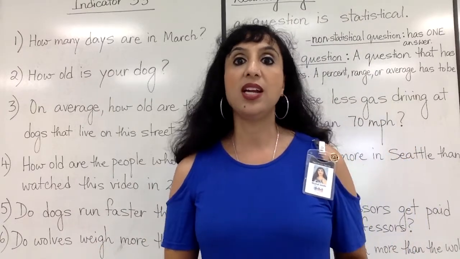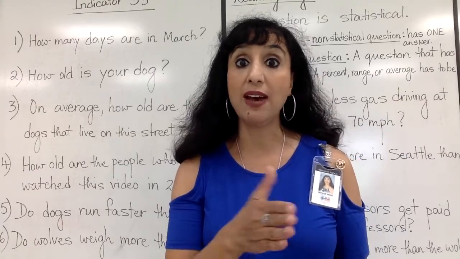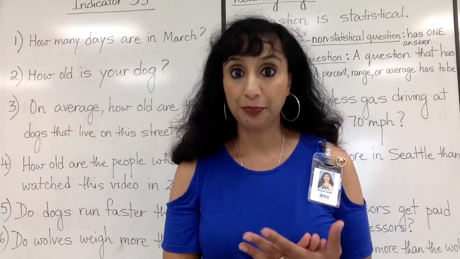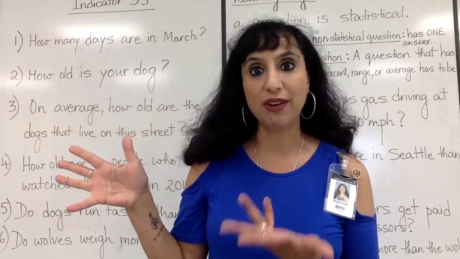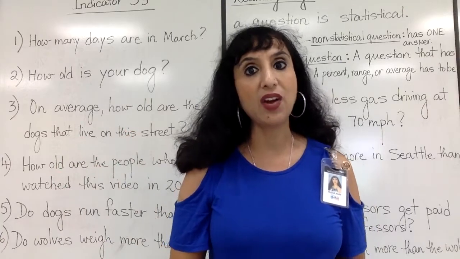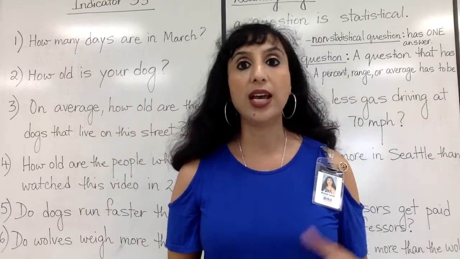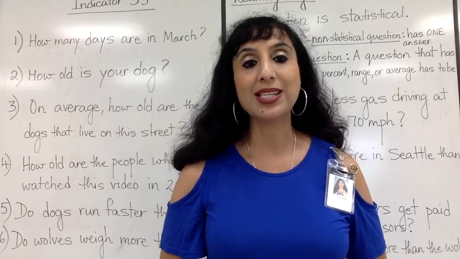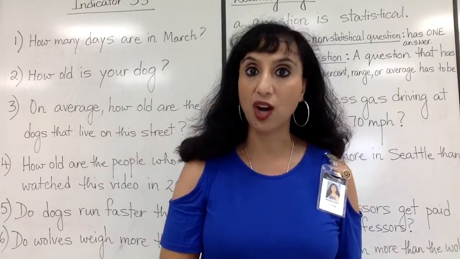Depends on the breed. It depends on how old the dog or cat are, because you could have a little kitten and you could have a really old dog. So obviously the kitten is going to run faster. The age factor is there. The nutrition is there. How healthy is the dog or cat? There are so many factors that go into this. So some dogs run faster than cats, and some cats run faster than dogs.